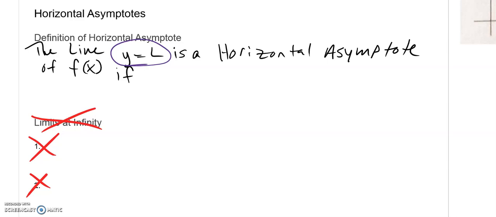The line y equals L is a horizontal asymptote of your function if the limit as x approaches negative infinity is equal to L, or the limit as x approaches positive infinity is equal to some value L. Again, that is your limit, and that would also be your horizontal asymptote.